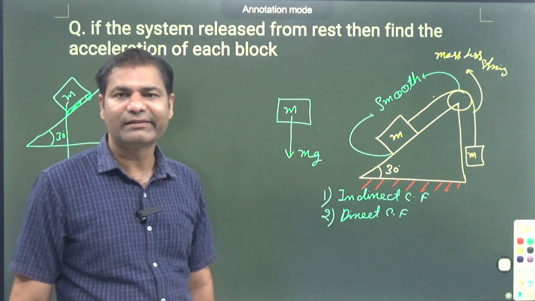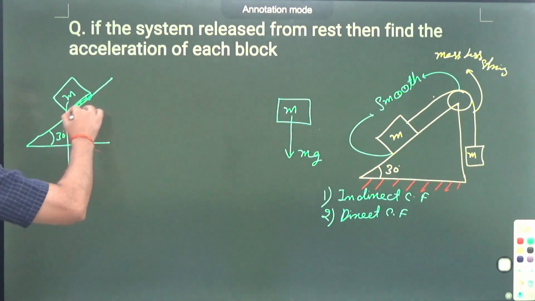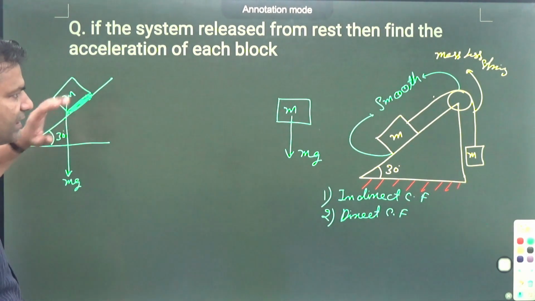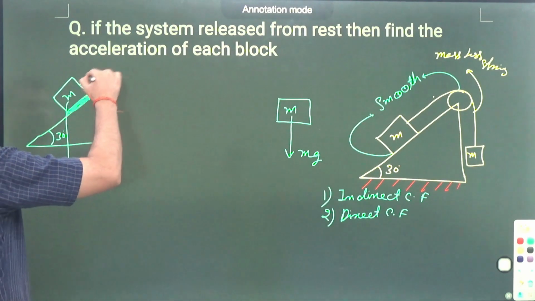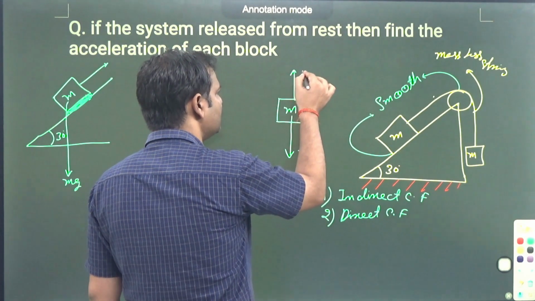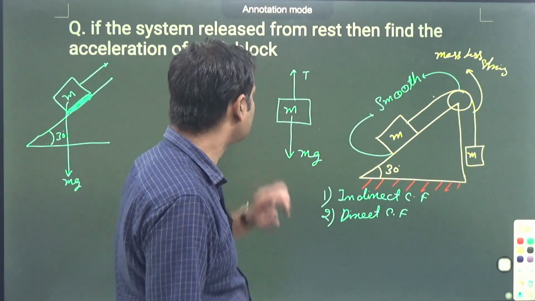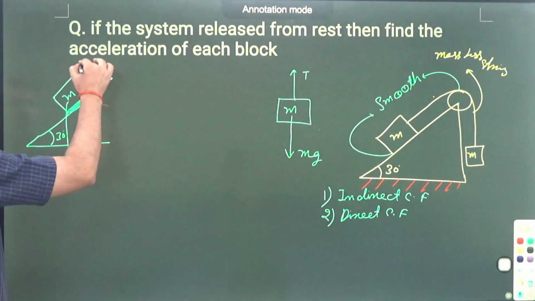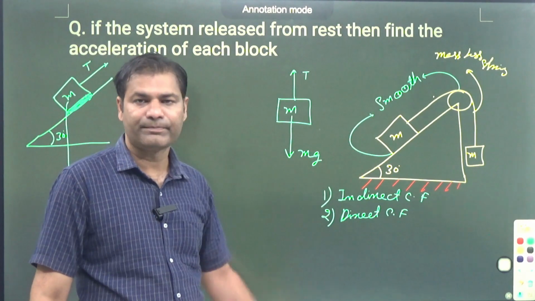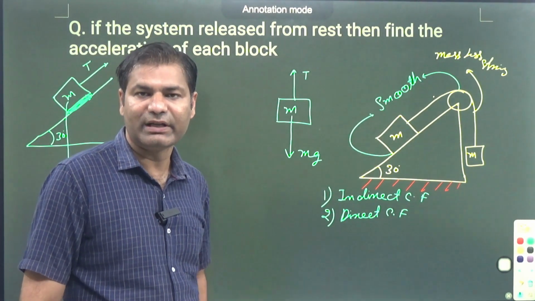There are two direct contact forces. Here, the mass and the inclined plane are in direct contact, and here is tension T. Due to the string, T acts in the upward direction here, and T upward here. And what about the plane? The force applied by the inclined plane is in the normal direction.